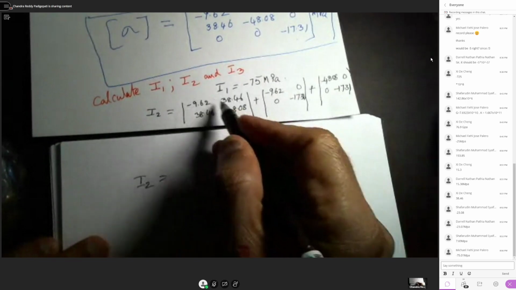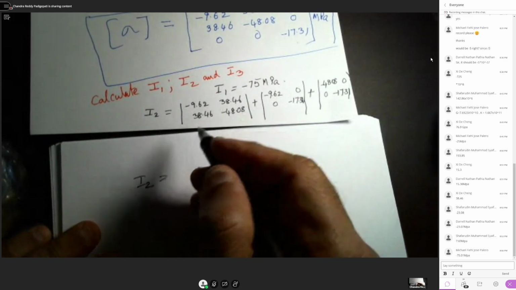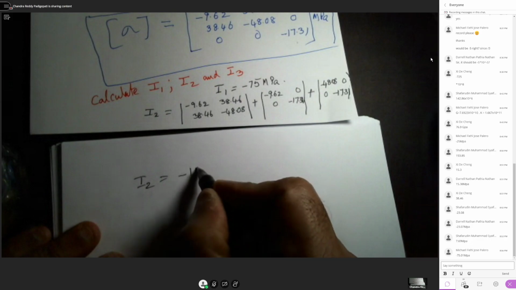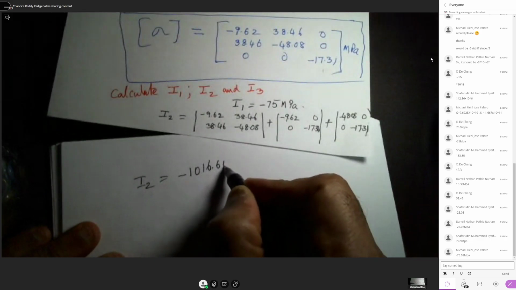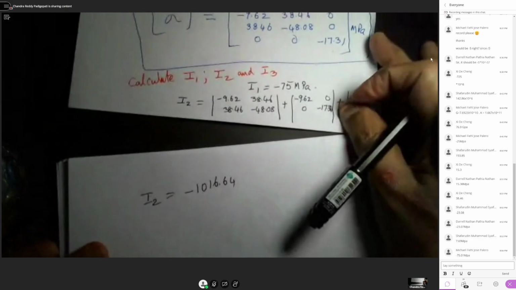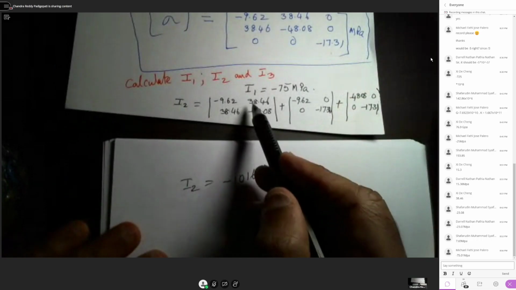I think the first determinant, when you calculate, you will get negative 1016.64. The determinant, first one, this one.